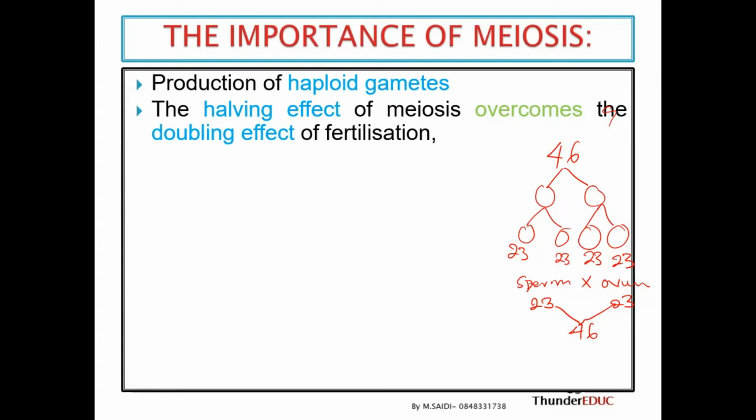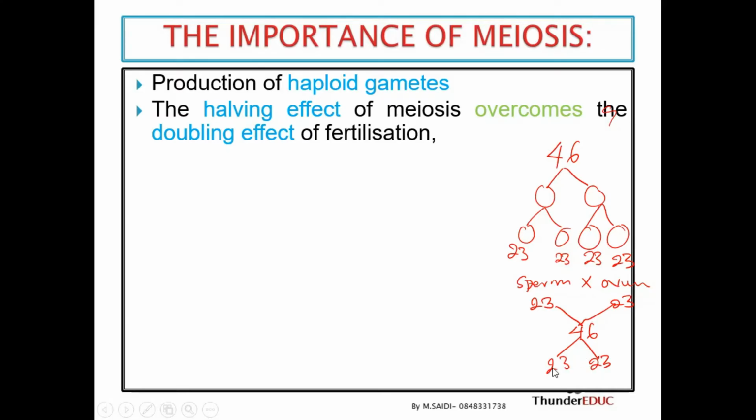This is the doubling effect. This and this double to form 46. But now meiosis is going to divide them to form 23. That's why they are saying that this halving effect overcomes the doubling effect of fertilization. So this is fertilization, while this is meiosis.